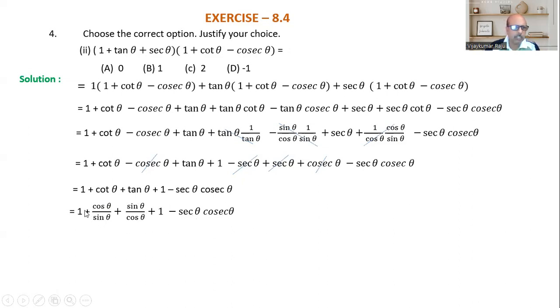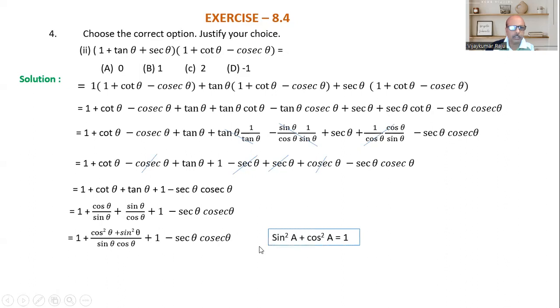Let us take the LCM of these two terms only. It becomes cos into cos, cos square, plus sine into sine, sine square, upon sine cos, plus 1. Sine square plus cos square is 1. So you write it as 1 upon sine cos plus 1 minus sec cosec.